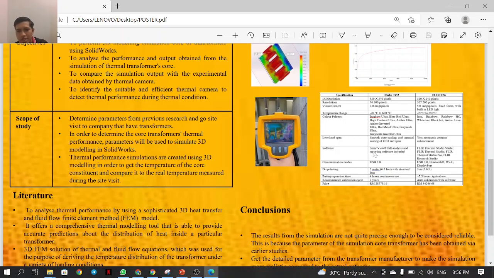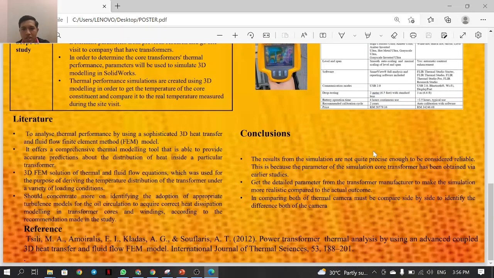And for the calibration, it is the most important part. The FLIR E76 has auto calibration with software, but the Fluke TI32 must be calibrated within 2 years. And for the price, the Fluke TI32 is cheaper than the FLIR E76, but the FLIR is more affordable and much recommended for advanced progress.